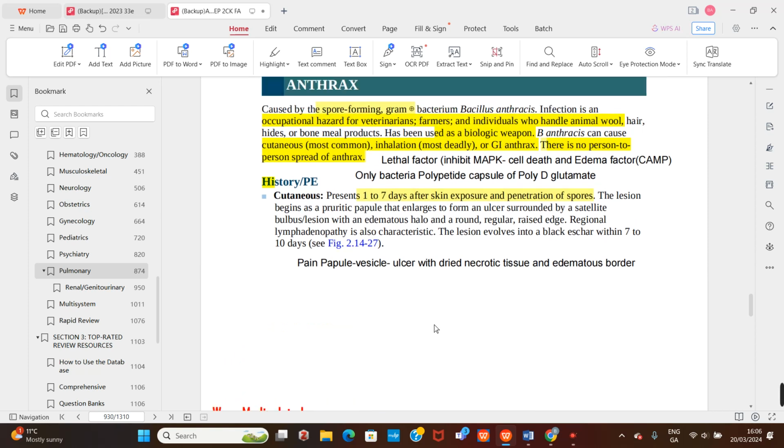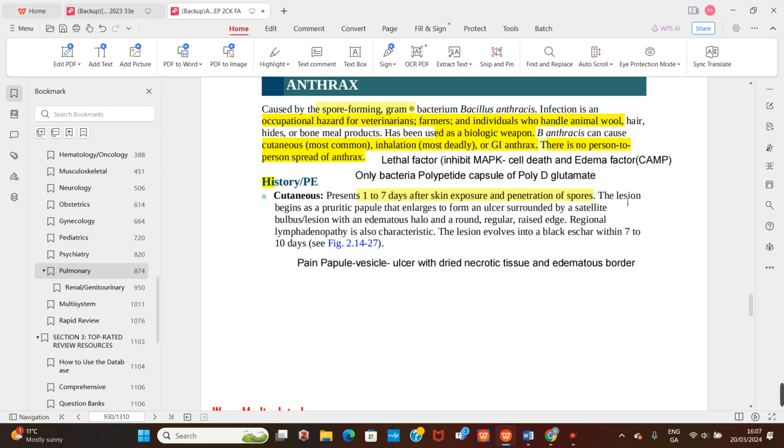We should not forget the component of the toxin of this anthrax, because once the spores are inhaled, ingested, or inoculated into the skin, they are going to germinate and release the toxin. The toxin contains two major components: the lethal factor as well as the edema factor. The edema factor works like the other ones, like the E. coli that causes diarrhea, and pertussis.